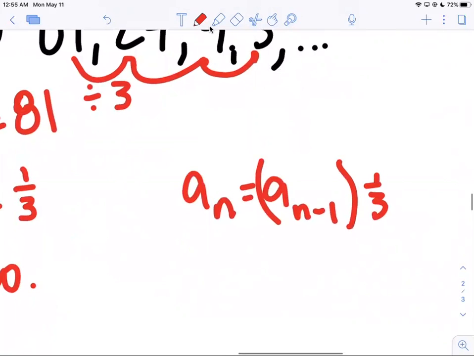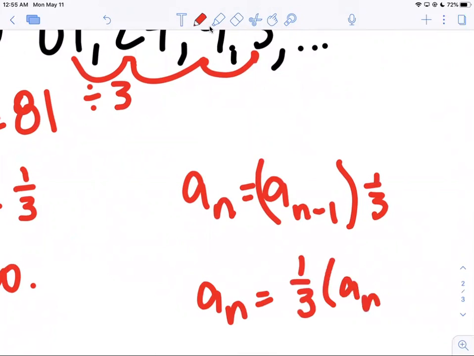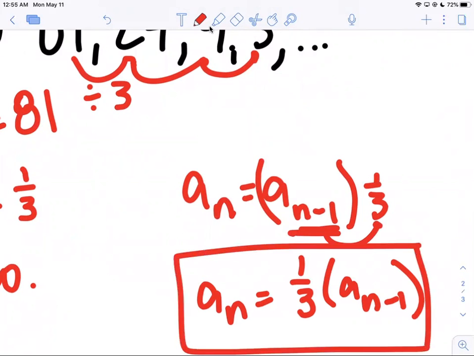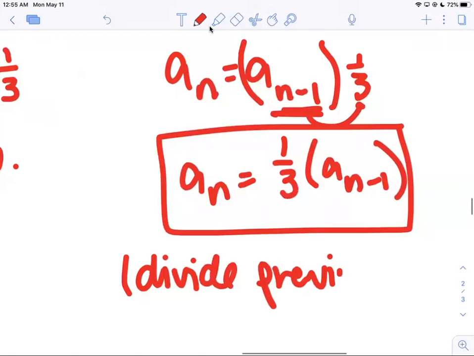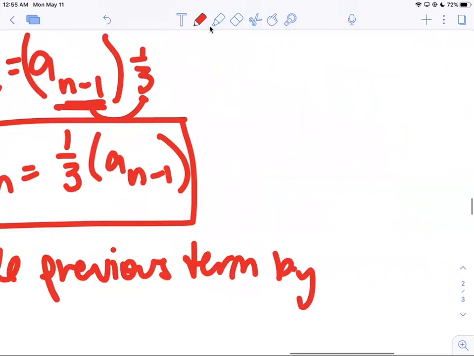Now I'm going to rewrite that because I think it looks better if I write the 1/3 first, but I'm just showing you that that was my train of thought: I took the term in front and I was like, what did I do to it each time? And it's multiplied by 1/3. So I'm going to keep that there. And if we want a little kind of spark notes, what you did is you divide previous term by 3.